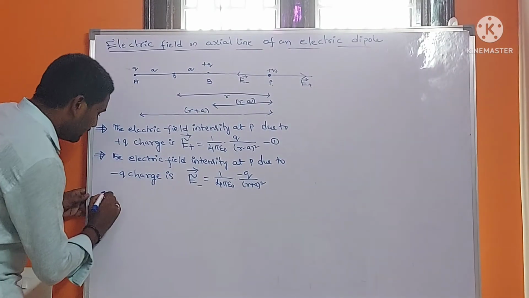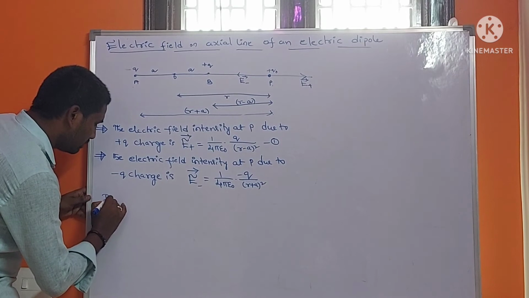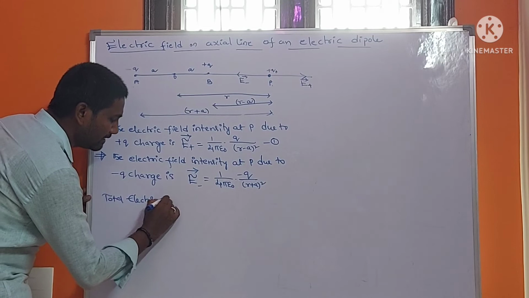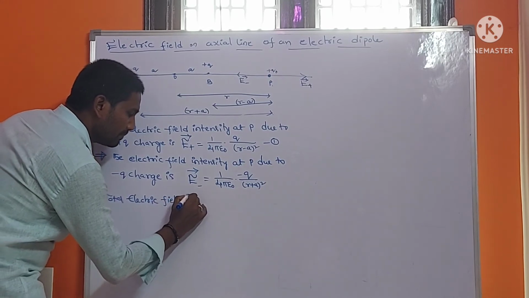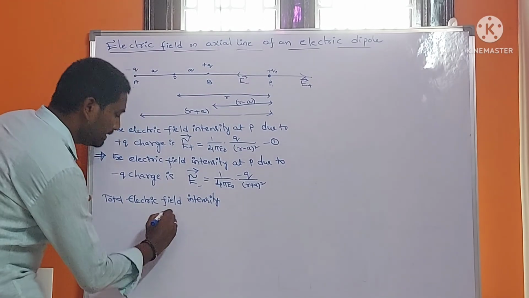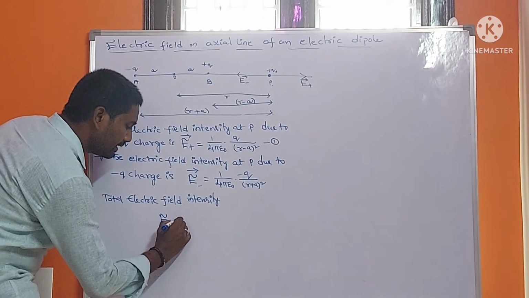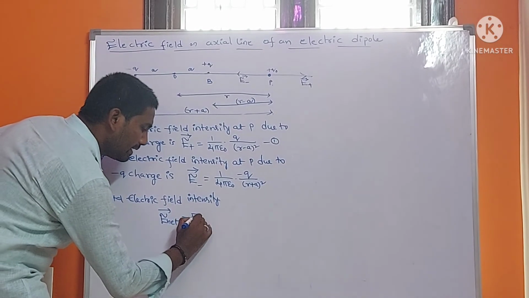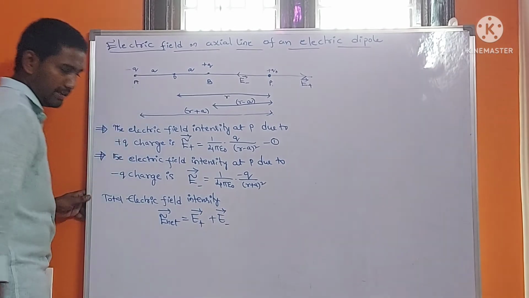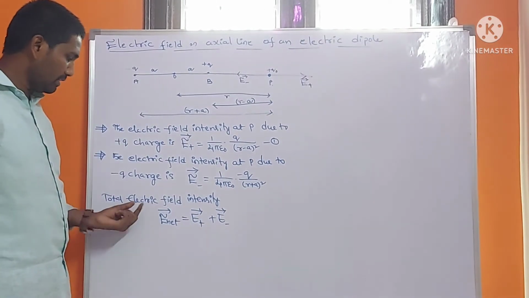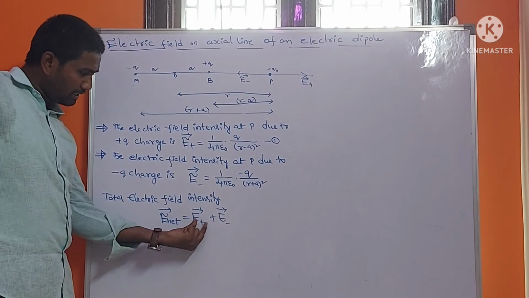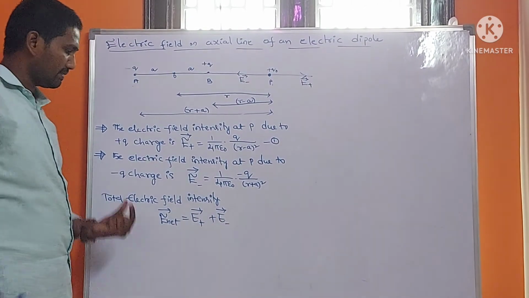Now, the net electric field intensity, the total electric field intensity E net is equal to E plus plus E minus. All of you understand, the total electric field intensity E net is equal to E plus plus E minus.